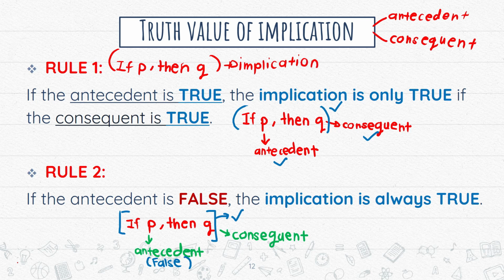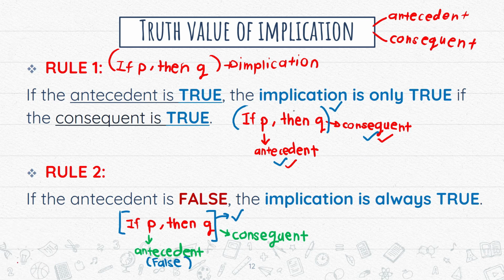P is the antecedent, Q is the consequent. Rule number 1 says if the antecedent is true, then the consequent needs to be true for the whole implication to be true.